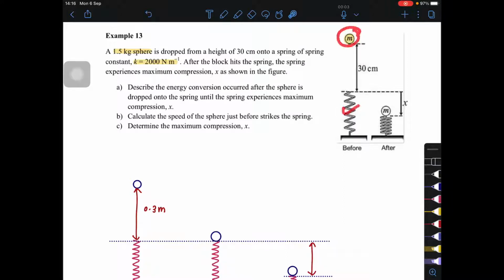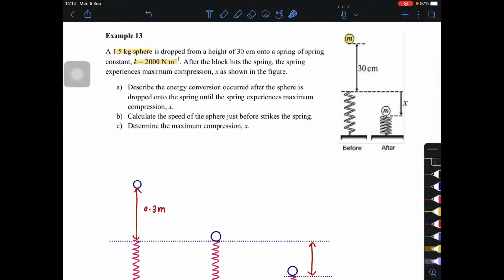Kalau ada sphere with the height, we have gravitational potential energy, and also since it will be moving, apabila dia di-release, dia akan jatuh ke bawah dan menyebabkan spring ni untuk compress. So obviously it's moving, it will have kinetic energy.